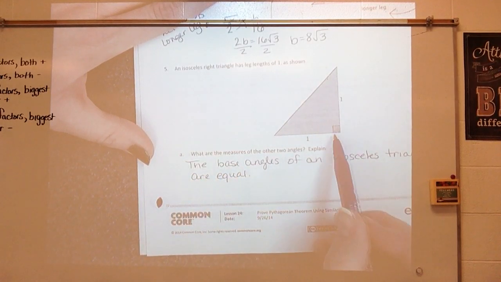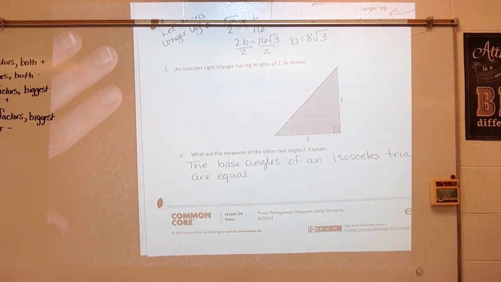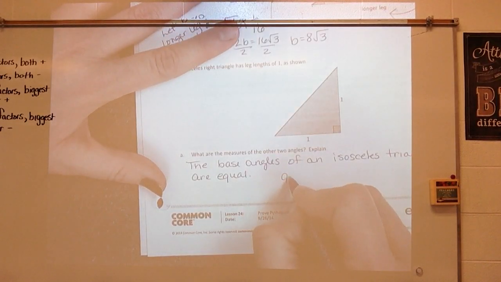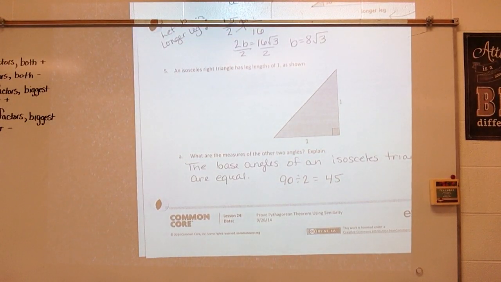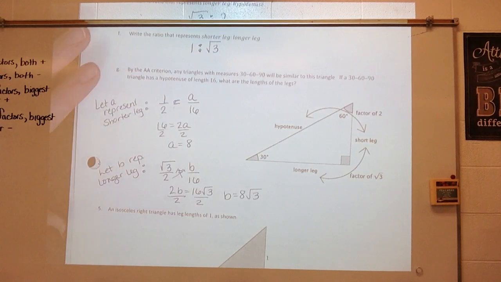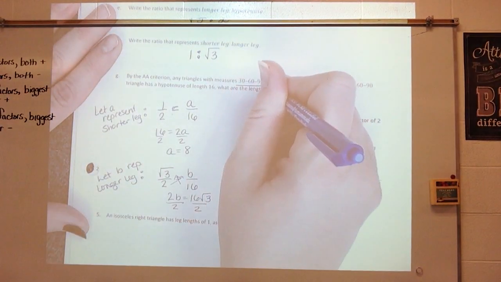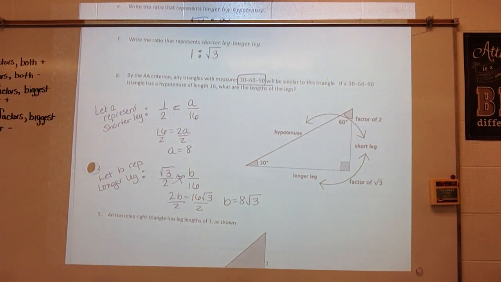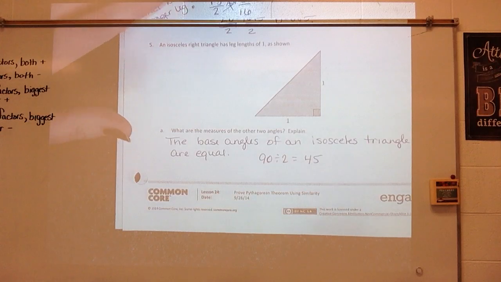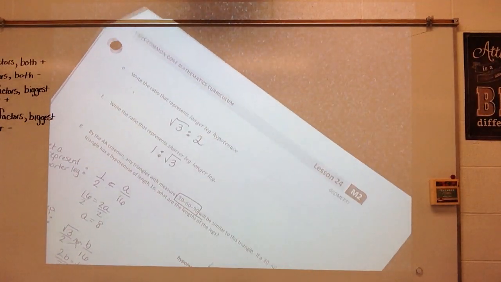I know I've got a 90-degree angle, so that leaves me 90 left. So if I divide 90 by 2, that means both angles have to be 45 degrees. Alright? So, guys, we have been learning about a 30, 60, 90-degree triangle. Now we are looking at a 45, 45, 90-degree triangle.